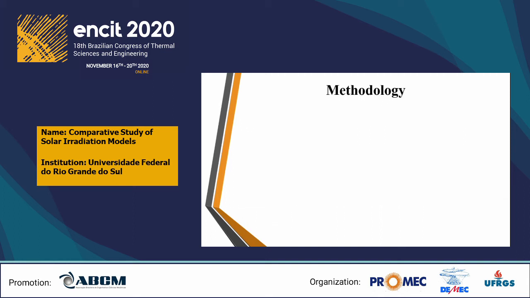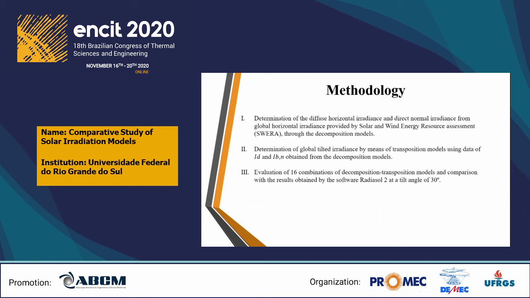The present work consists of three main steps. 1. Determination of the diffuse horizontal irradiance and direct normal irradiance from global horizontal through the decomposition models. 2. Determination of the global tilted irradiance by means of the transposition models. 3.